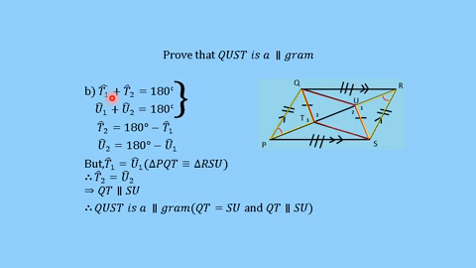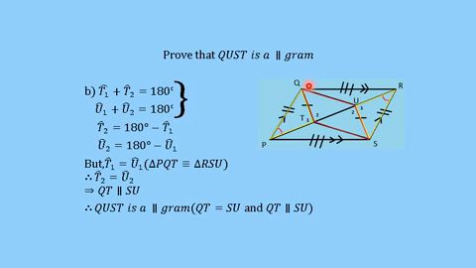Angle T1 plus angle T2 equals 180. Before that, to prove that this is a parallelogram, you must prove that the opposite sides are equal and parallel. QT equals US. Okay, and it is given, so it means our task here is to prove that QT is parallel to US.